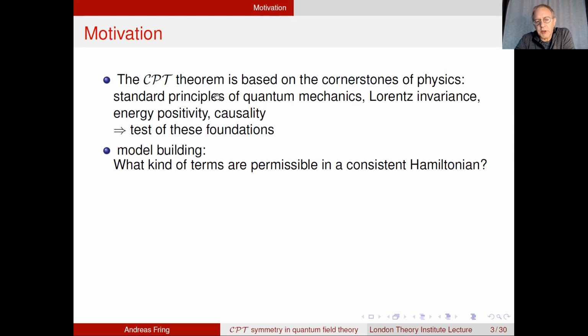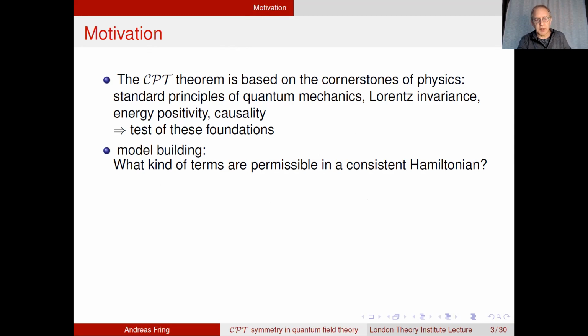And then you can also use it for model building. So if you want to build a model describing nature or parts of nature, certain effects, what you want to know is what kind of terms can you put into your Hamiltonian or Lagrangian, whatever your starting point is.